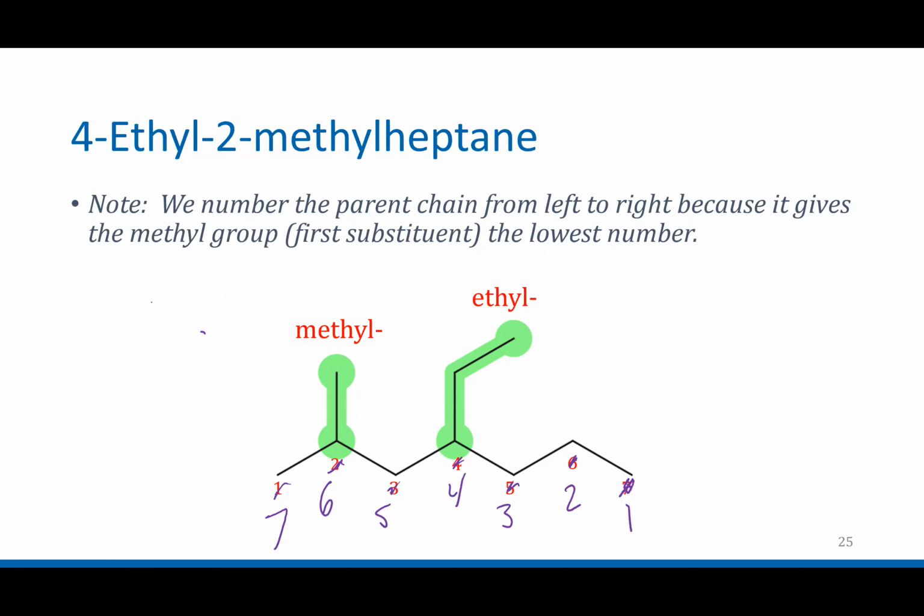So look up at the way it's originally named, 4 and 2. Here, it's 4 and 6. It's much preferred that you guys start on the left because it will give you the lowest numbers. Does that make sense? Yes, okay. I understood. Cool.